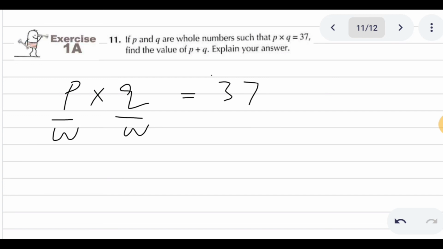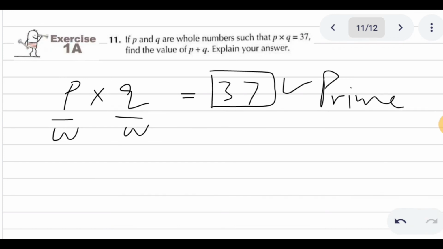37 is a prime number, and a prime number is a number which only has two factors, which means that its factors will be 1 into 37 is equal to 37. No other numbers can multiply to give 37.